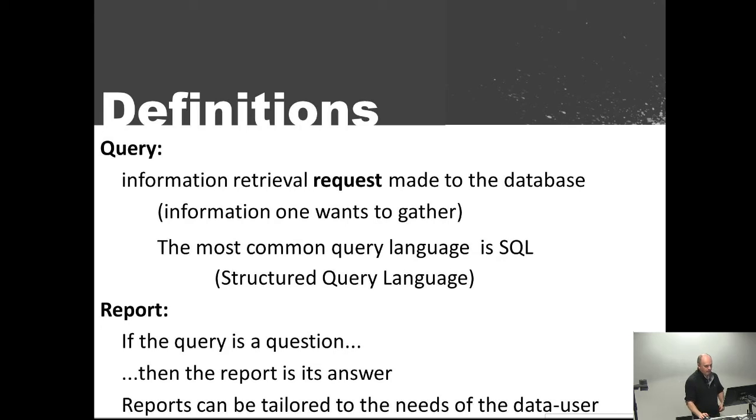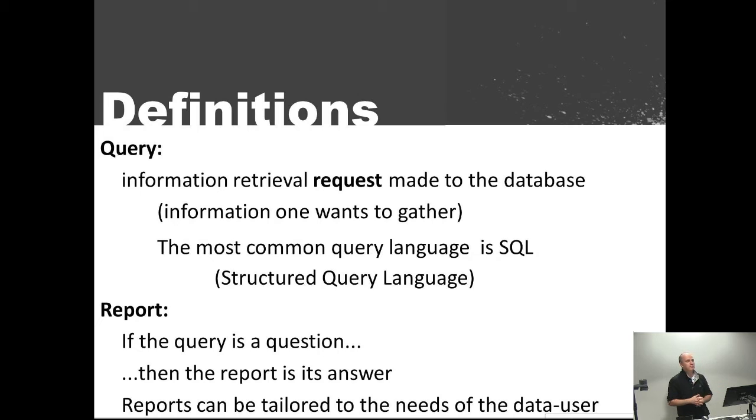Okay? And sometimes a report can be tailored in a very nice way. A receipt is a report. You order a product online, they do a query on their database and produce a piece of paper with your name, the product you have bought, and what mode of payment you have used, and that's a report that they can automatically put into an envelope or convert into a PDF and send to you.